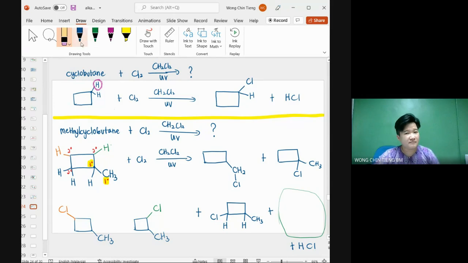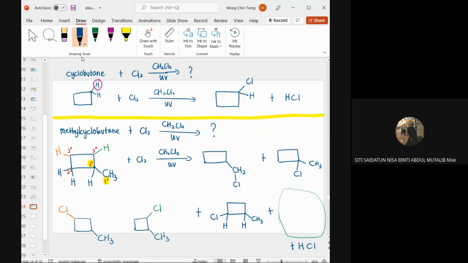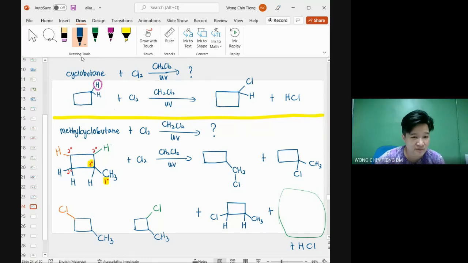Anyone? Afiq kata orange. Lagi? Ada orang setuju dengan Afiq? Orange.